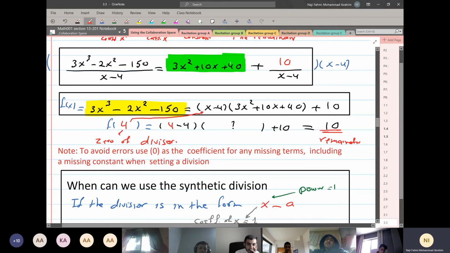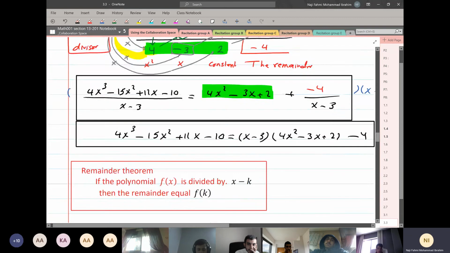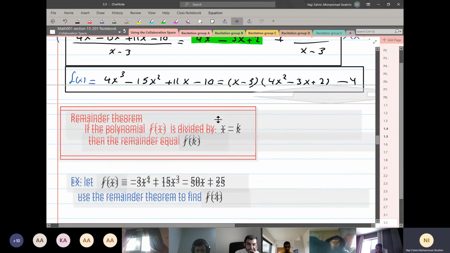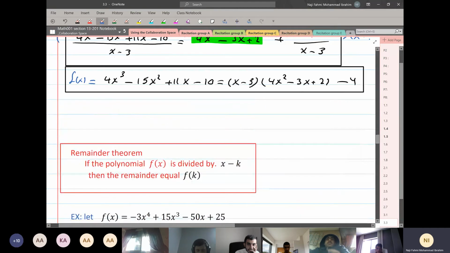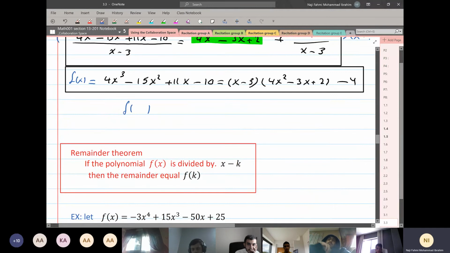Now let's see if this is the same case in the second one. In this example here, can I give this a name as f of x again? Because it's a polynomial. Now what's the 0 of the divisor in this case? 3. If I substitute a 3, what will I get?